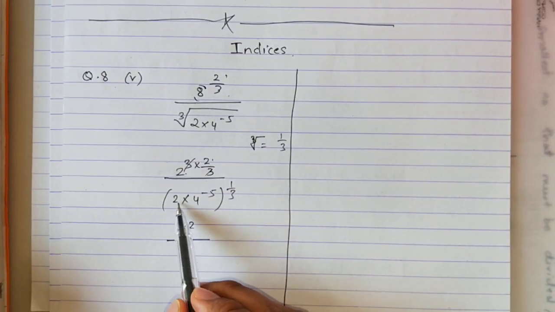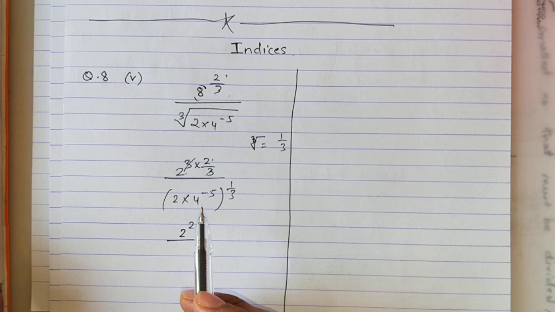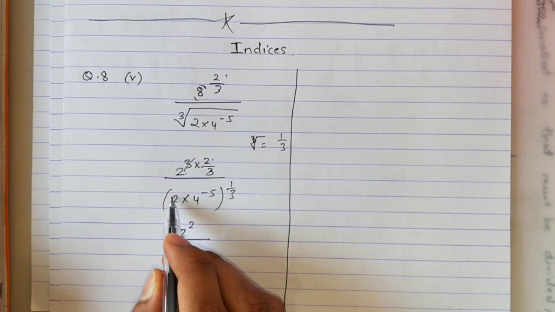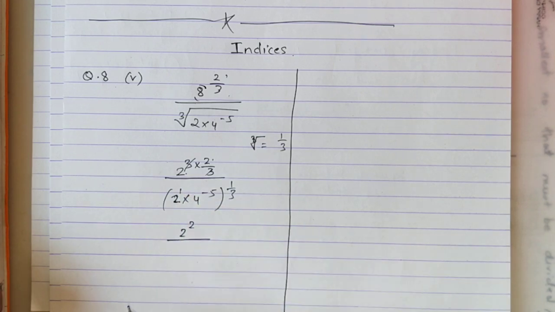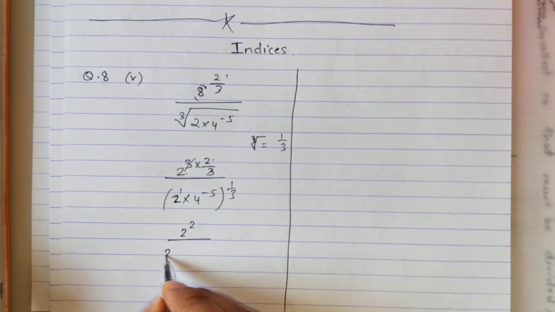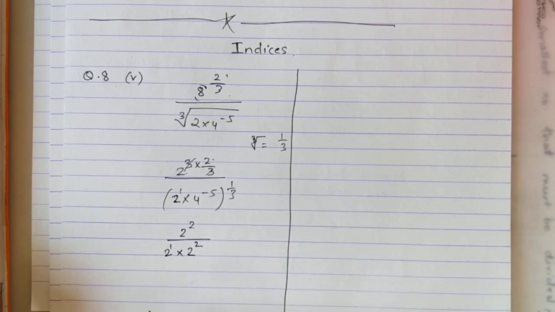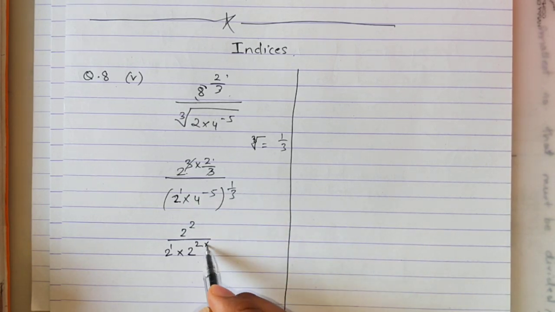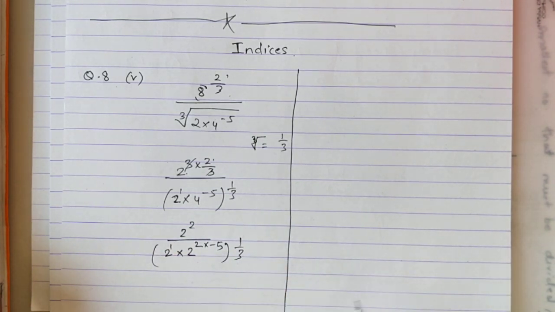upon this 4 can be written as 2 raised to 2. This 2 has no power, which means the power is 1. So this is 2 raised to 1 into this 4 can be written as 2 raised to 2, and there is minus 5 into minus 5 bracket 1 upon 3.